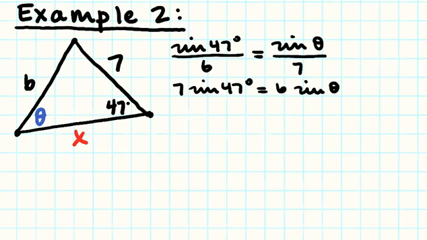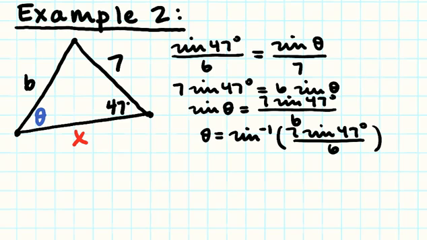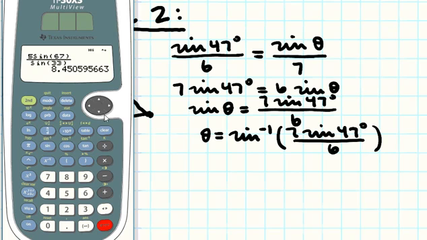If I solve for the sine of theta, that would be sine of theta equaling 7 times the sine of 47 degrees divided by 6, meaning that theta is inverse sine of that fraction. So you're going to bring in the calculator and type it in just like you see it.